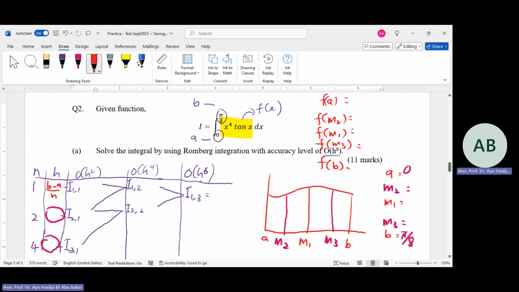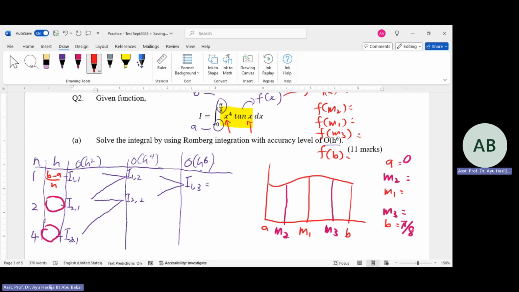How to find the F? Use the function over here. Sub your data point into this function. For example, FA, A is 0, so sub 0 into this x, then you get the value. For B, pi over 8, so sub pi over 8 into the x, then you'll get the FB value. For the rest of the FM's, sub in your M values.